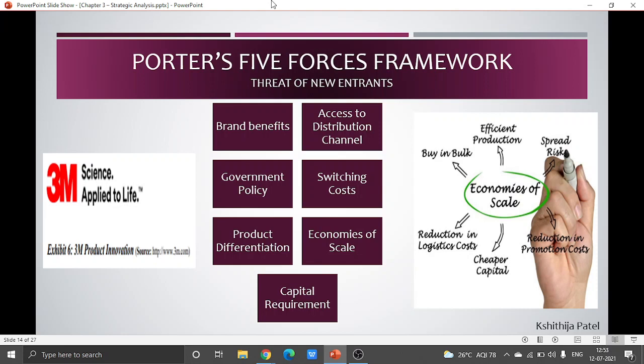So J&J products have thus established themselves as the most trusted brand, not only for one particular time but over generations. And they have put up a lot of advertisements where they claim how good they are for babies.